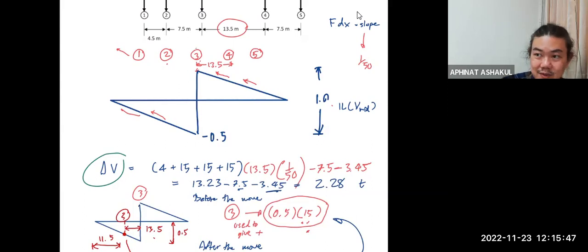The problem is always with load number 3, because there is a change in the nature of the shear that it gives from positive to negative. But the easier way that we can look at load number 3 is that you can say load number 3 goes up the slope as well by the same distance.